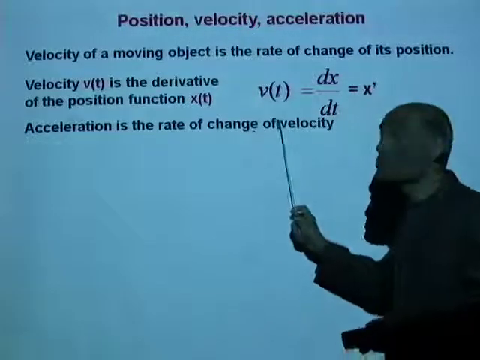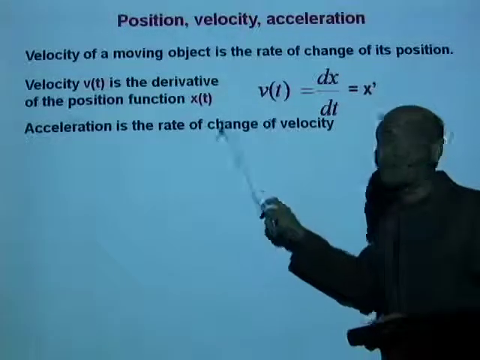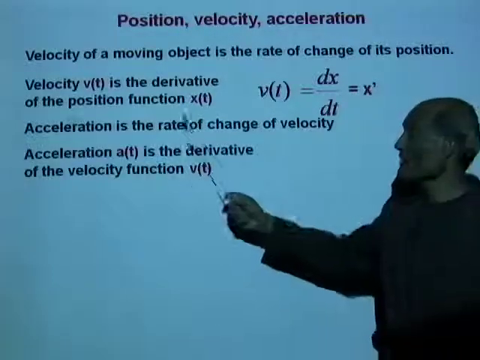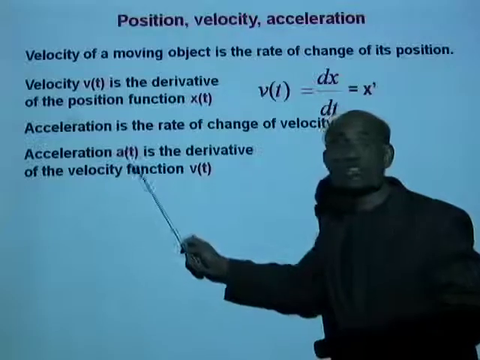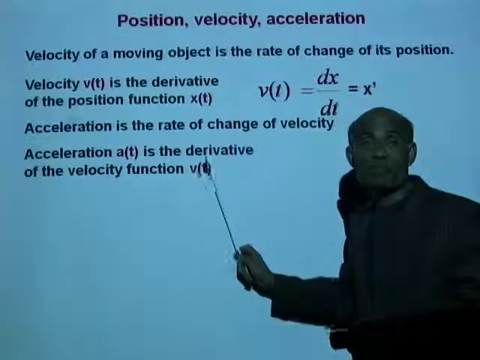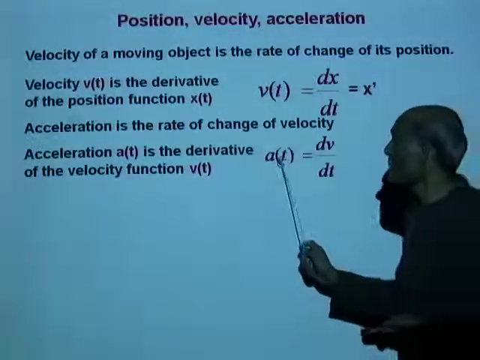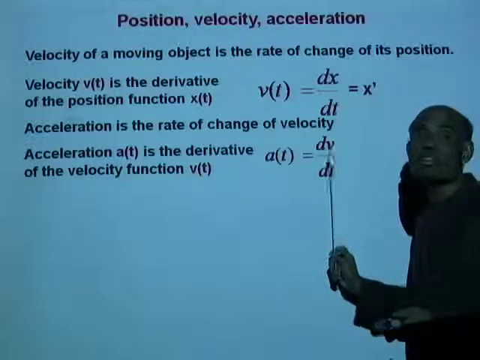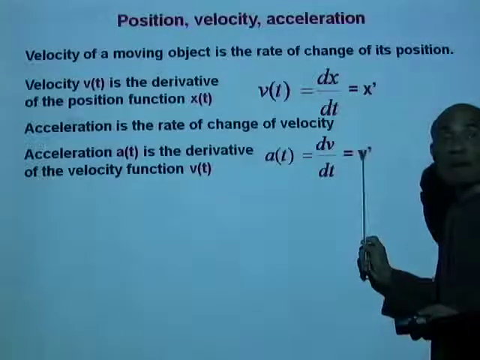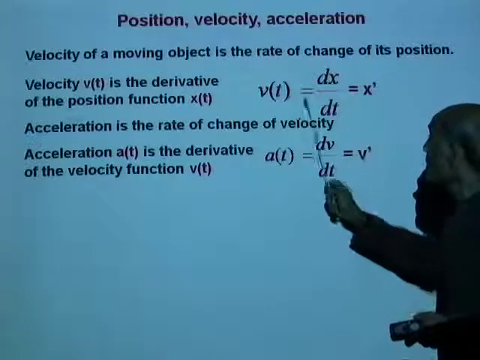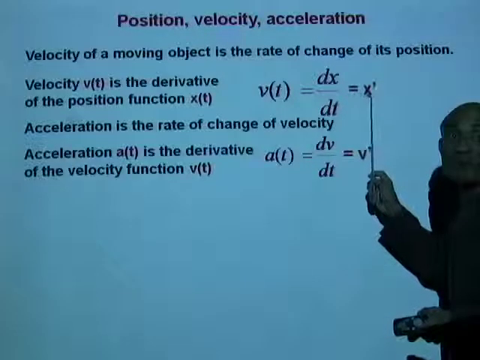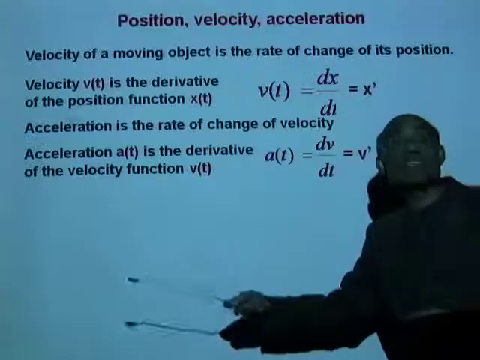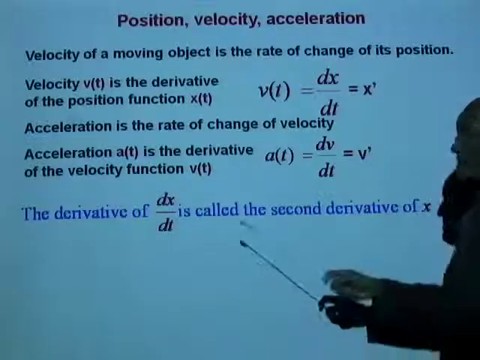Acceleration is the rate of change of velocity, which means acceleration is the derivative of the velocity function. If a of t is the acceleration function and v of t is the velocity function, then a of t equal to dv by dt, which is v prime. But v prime is the first derivative of the position function.